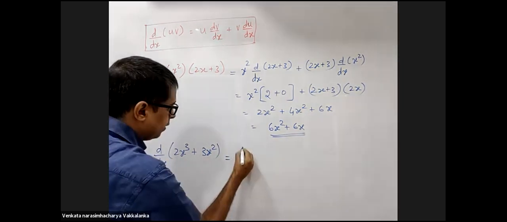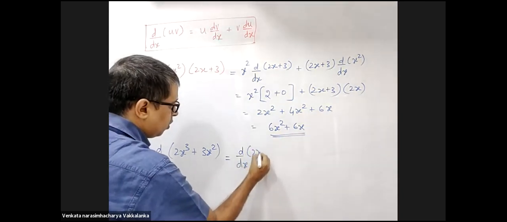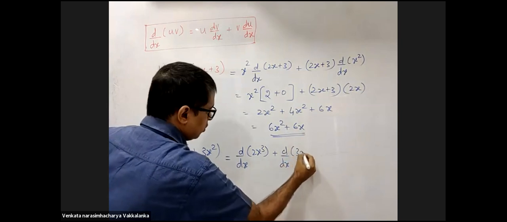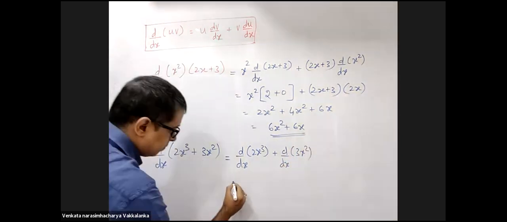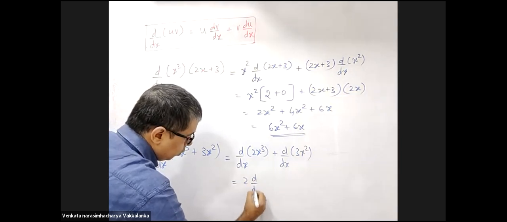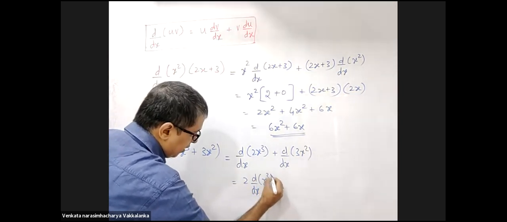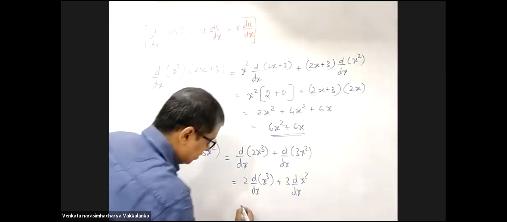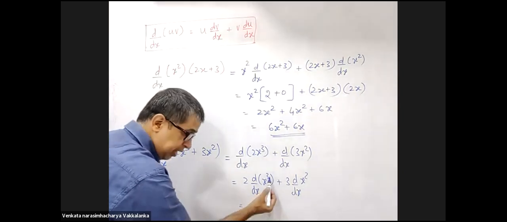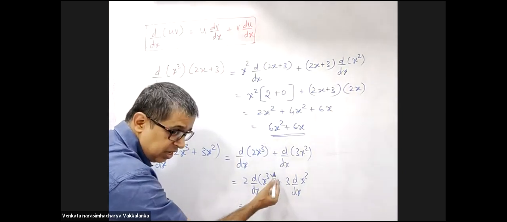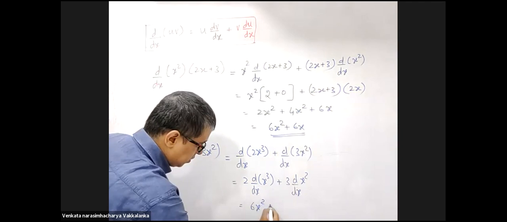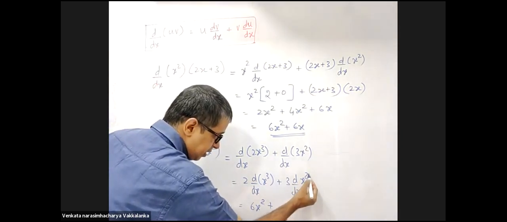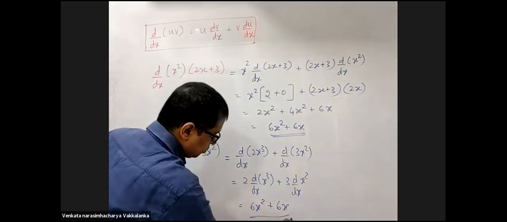This will be d by dx of 2x cube plus d by dx of 3x square. 2 into d by dx of x cube, 3 into d by dx of x square. X cube differentiation is 3x square, that means 6x square. X square differentiation is 2x, that means 6x.